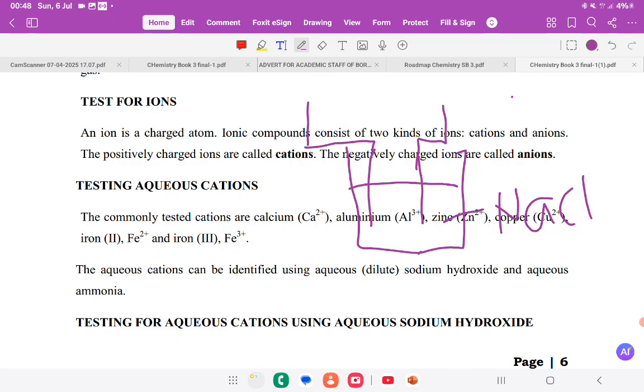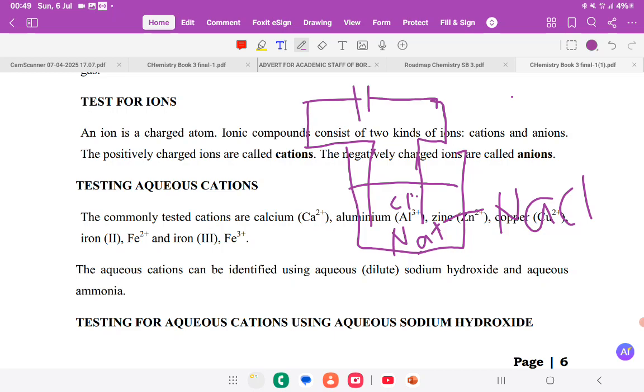What's going to happen is that the sodium chloride is going to be split into sodium ions and the chloride ions. This is supposed to be Cl minus anyway.